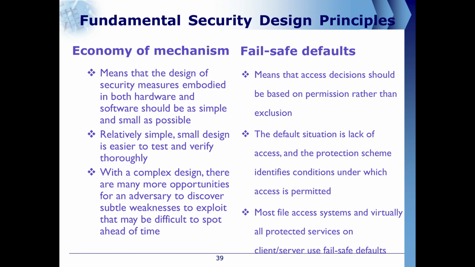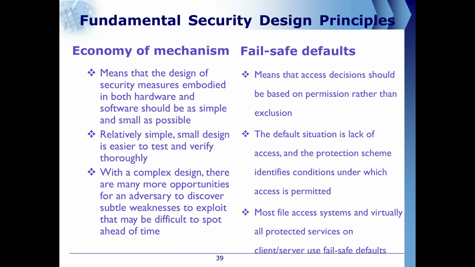Economy of mechanism means that the design of security measures embodied in both hardware and software should be as simple and small as possible. Relatively simple, small design is easier to test and verify thoroughly. With a complex design, there are many more opportunities for an adversary to discover subtle weaknesses to exploit that may be difficult to spot ahead of time.